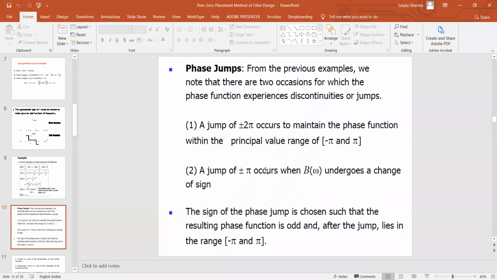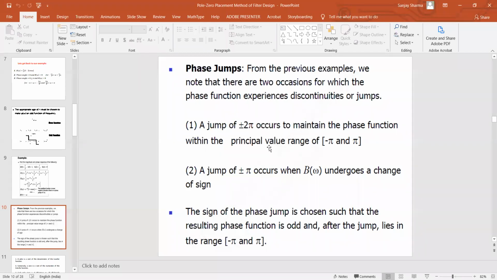There will be a phase jump of plus or minus pi to keep the phase response an odd function. The sign will determine that. When B omega is less than 0, you will have to make an adjustment of plus or minus pi. And an adjustment of plus or minus 2 pi will also come. Now, when will it come?